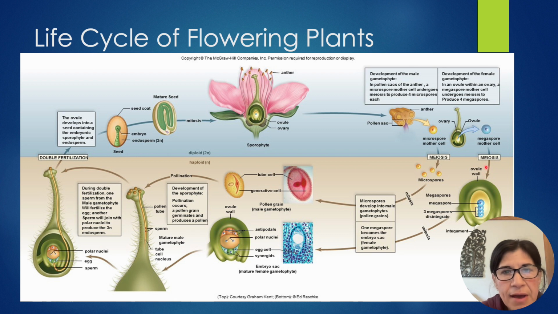At the same time, that ovary contains cells that are going to undergo meiosis and produce the female egg inside that ovule. When the pollen lands on the stigma, that's pollination, and it will cause a tube to form so the sperm can move down where the egg is, and that's where fertilization will take place.